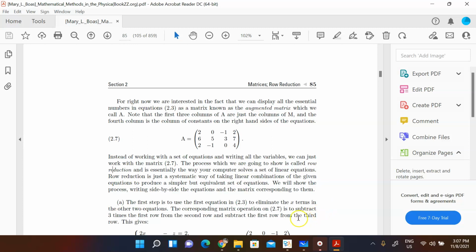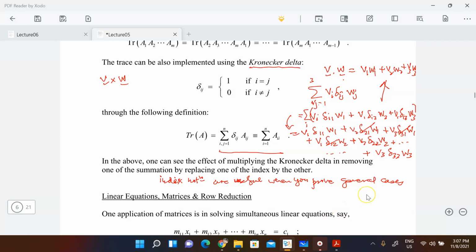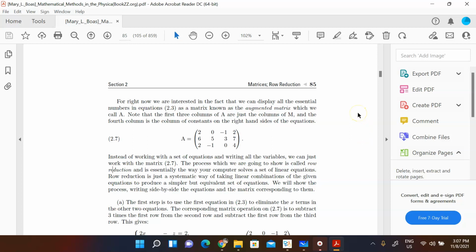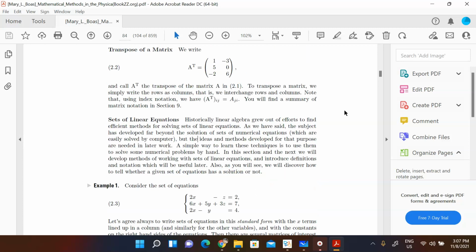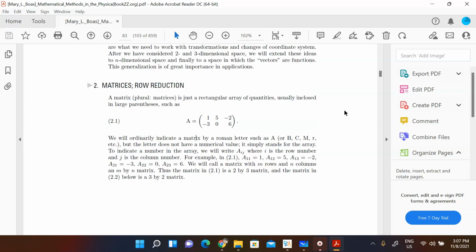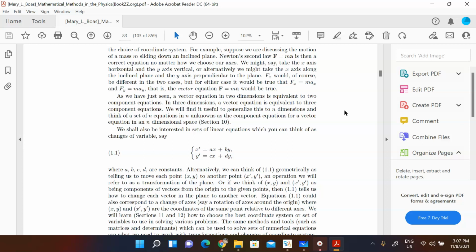So I'm trying to get rid of the mysterious aspects of algebra, in a way. Okay, let me go back to where we are. One of the things that was done by Boas almost immediately when he introduced matrices was to use matrices as a way of solving what we call linear equations.